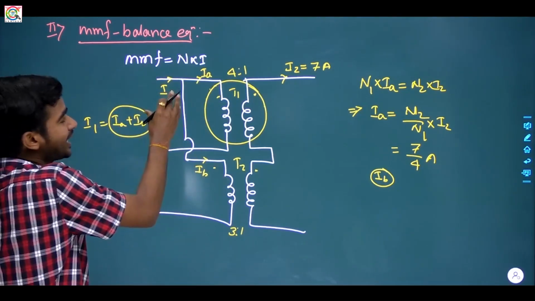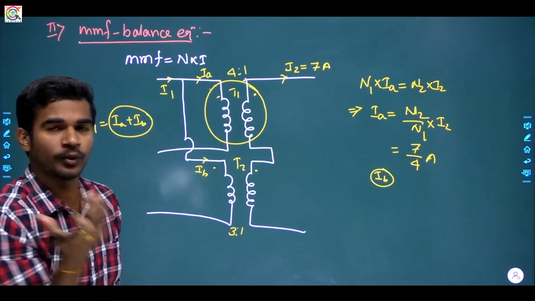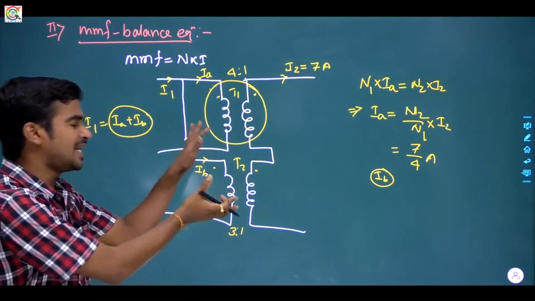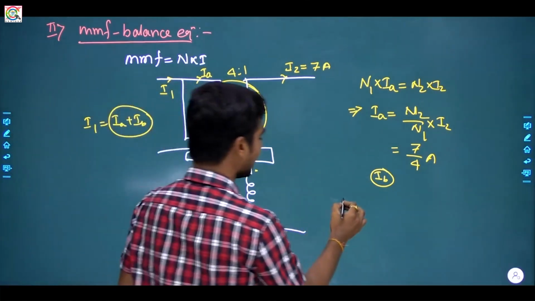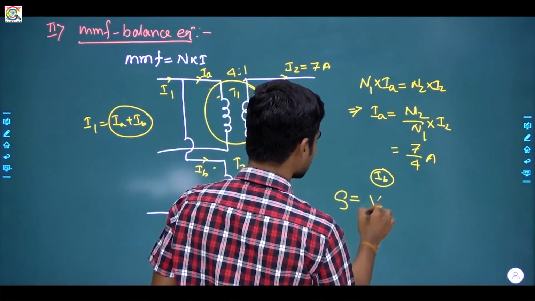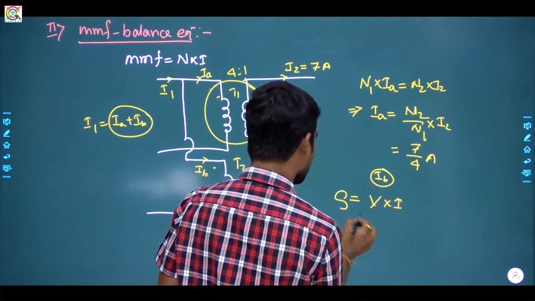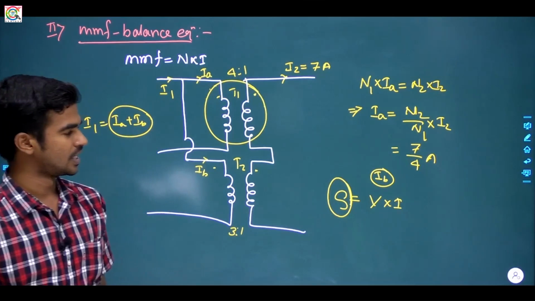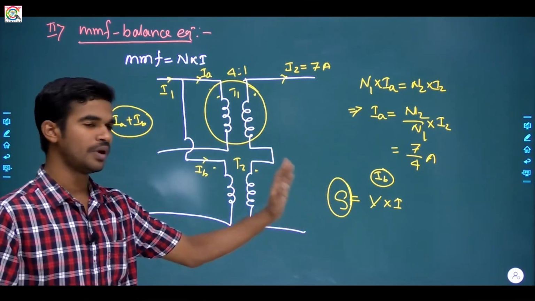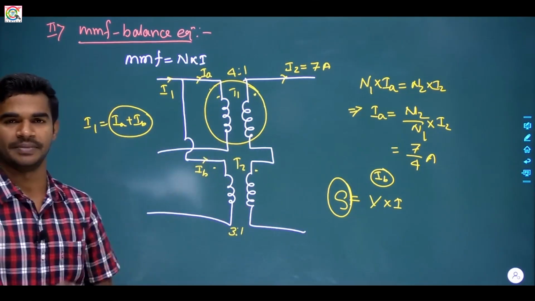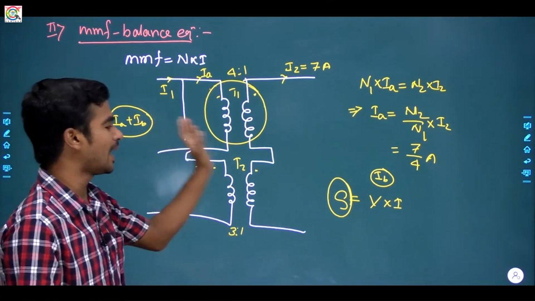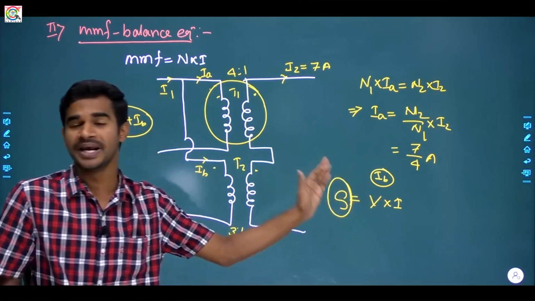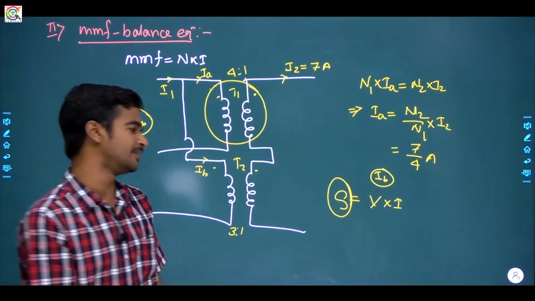If you get I1, then how do you find the input VA or the volt ampere rating of this combination of transformers? If you have the source voltage and the source current, then you can easily find the value of the input volt ampere. So from here you will get the VA rating of this combination. How? Because you have the input current or the source current. If you get the source current, you will get the input impedance also. How?